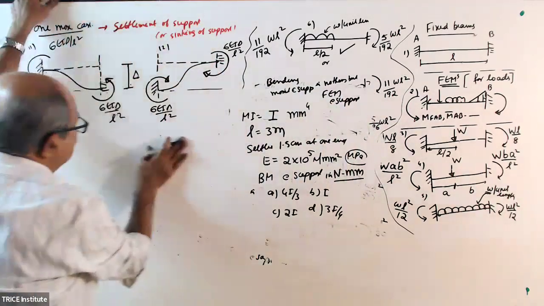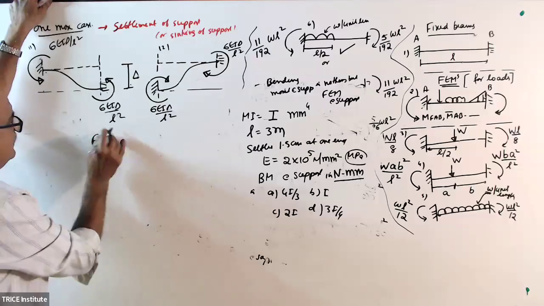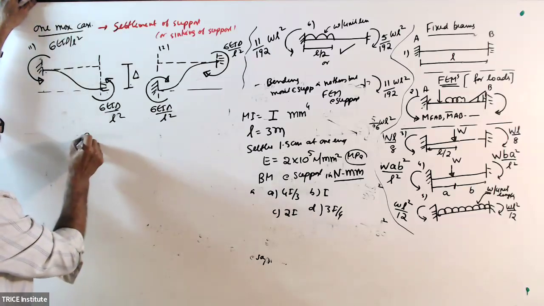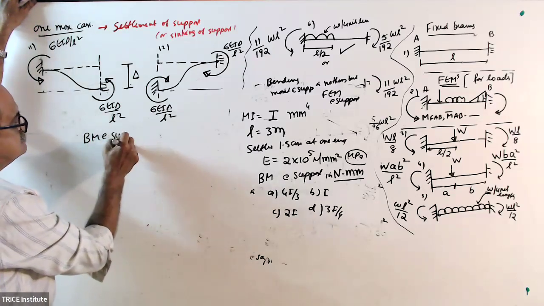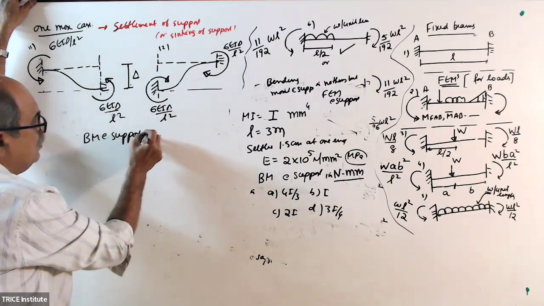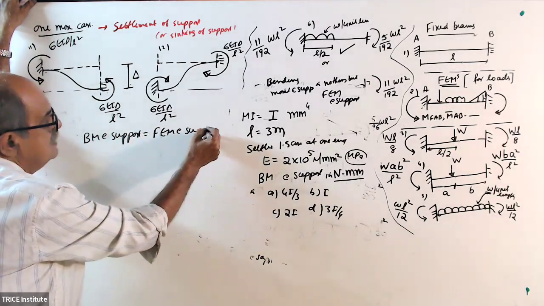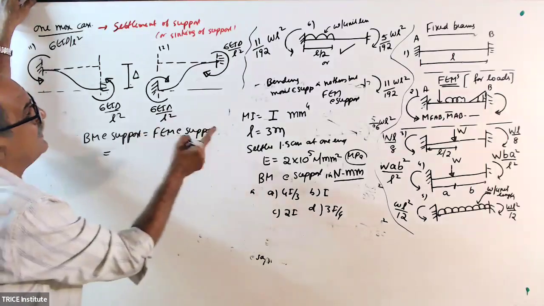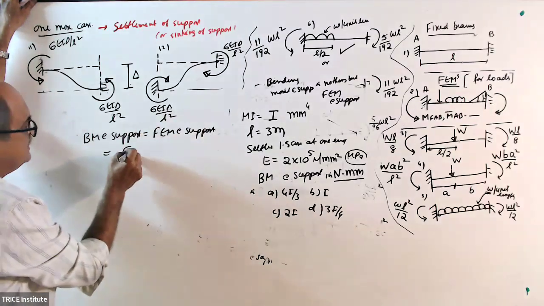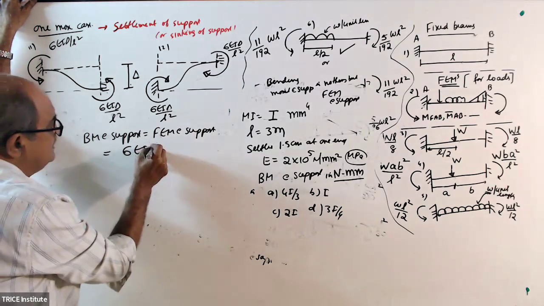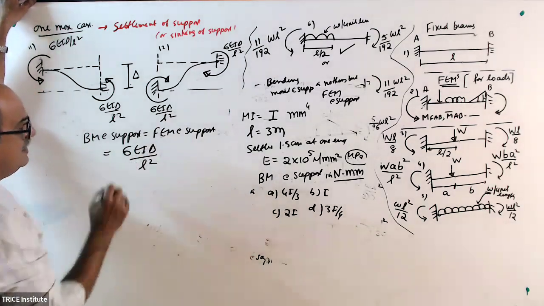Therefore, for the question, they want bending moment at support equal to fixed end moment at support. Direction, they are not bothered. So it is 6 EI delta by L square is the answer.